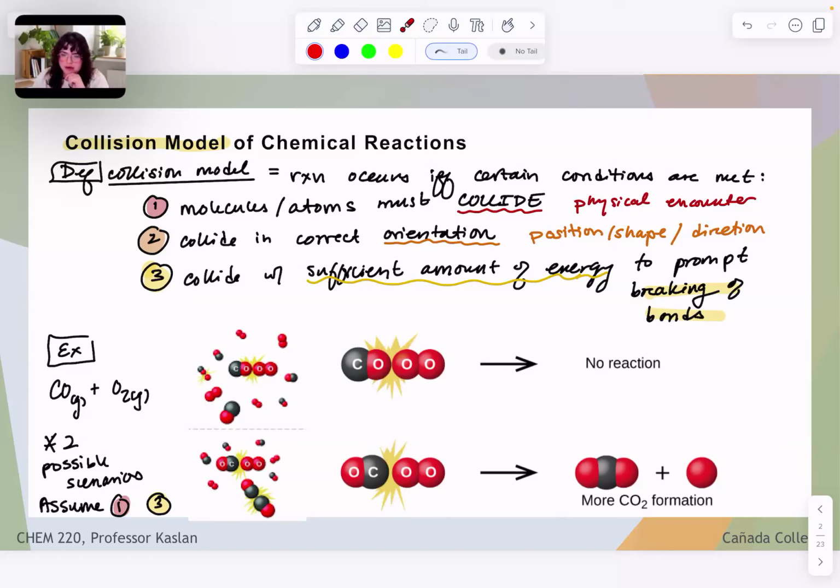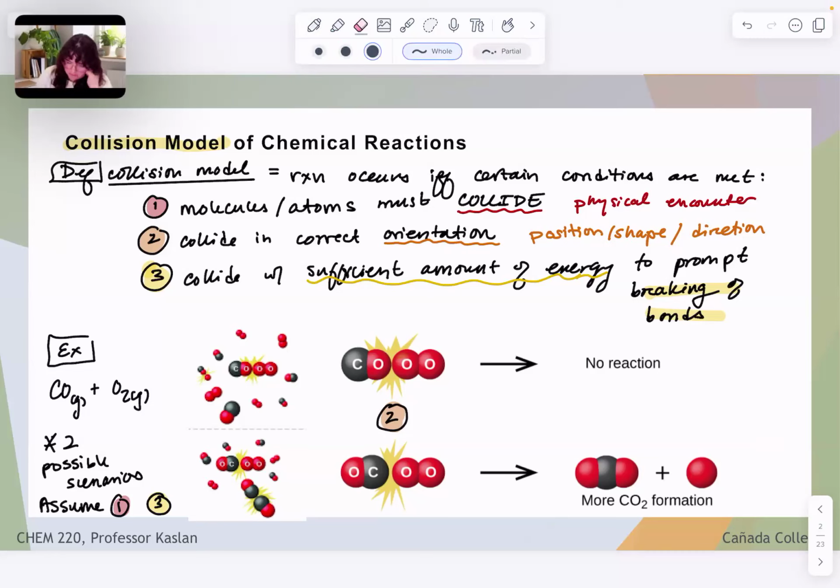So here we are looking at condition 2, meaning why does orientation matter? So let's think about what products could be formed. So this reaction, we know, is modeled to form CO2 and O.